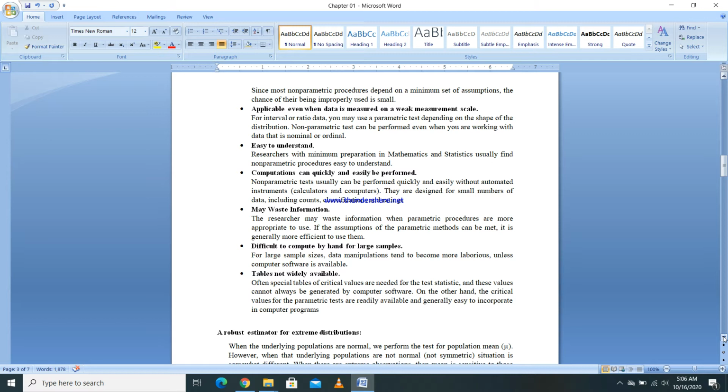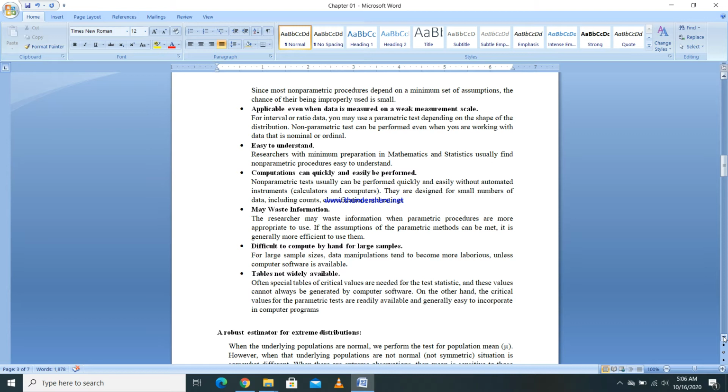We don't care about other values in our data set. So sometimes we are wasting information in our sample. But when it comes to parametric, we use all the information. We are using all the parameters in the population. So in that sense, it's a disadvantage.